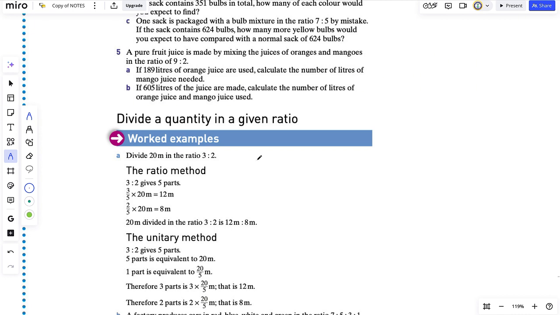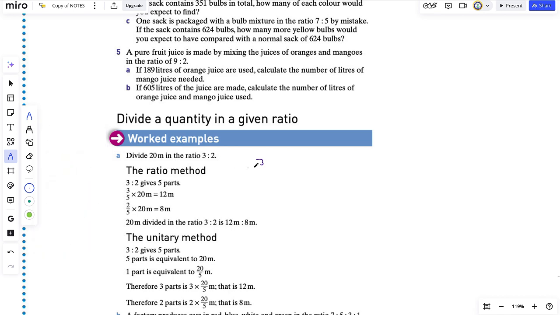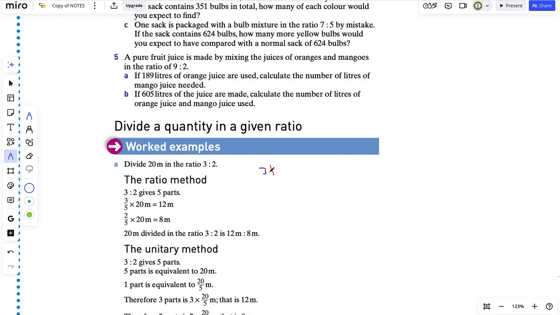The sum of the ratio will be 3 plus 2, which is 5.